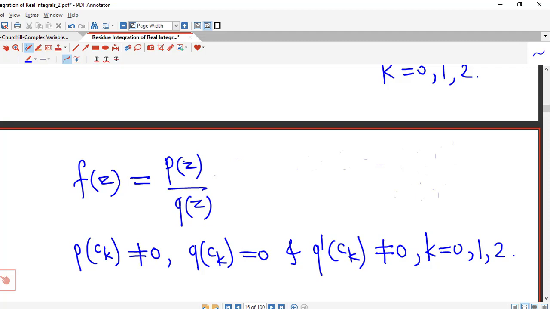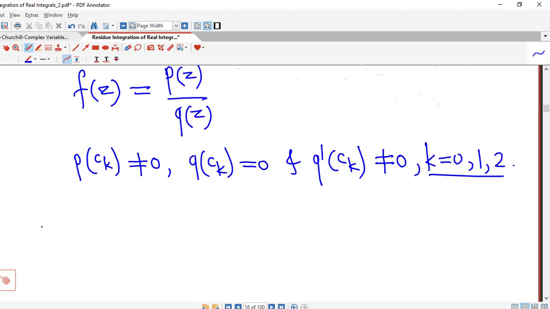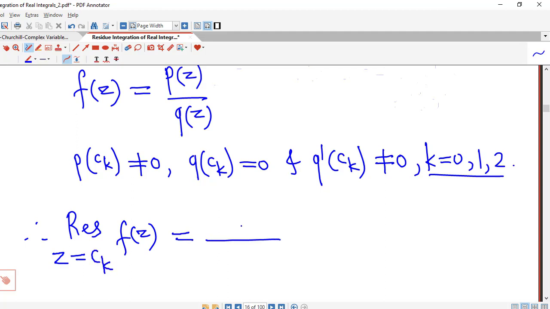And clearly this p and q are analytic at this point ck, because p and q are polynomial functions and they are analytic everywhere. So therefore the residue of f of z at z equal to ck is nothing but the value of p at ck divided by the value of q dash at ck.